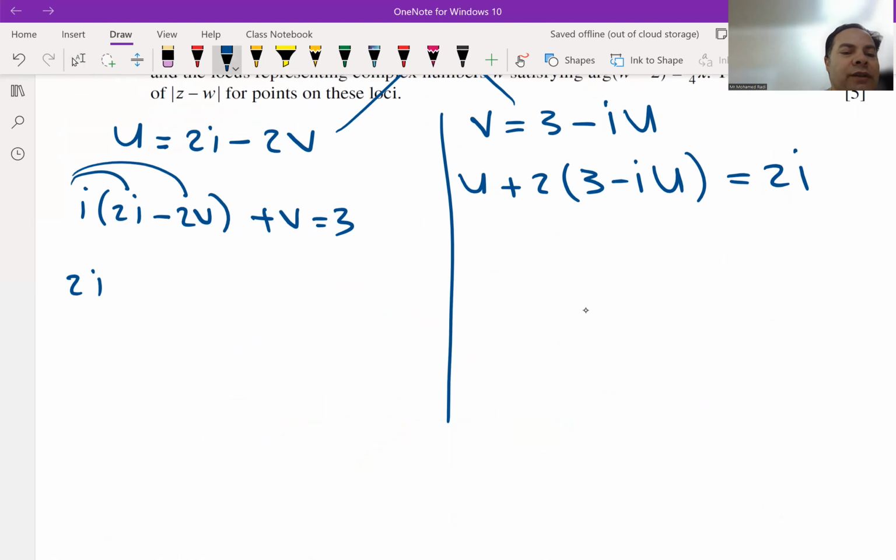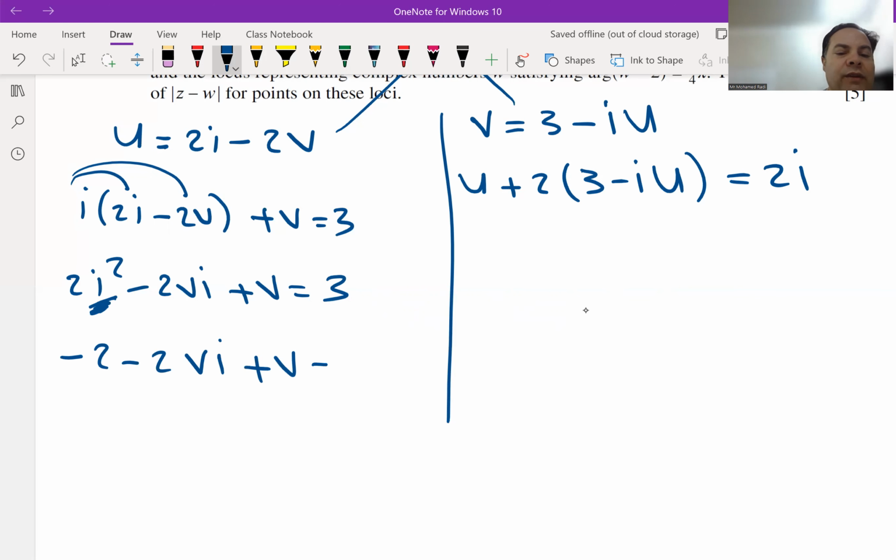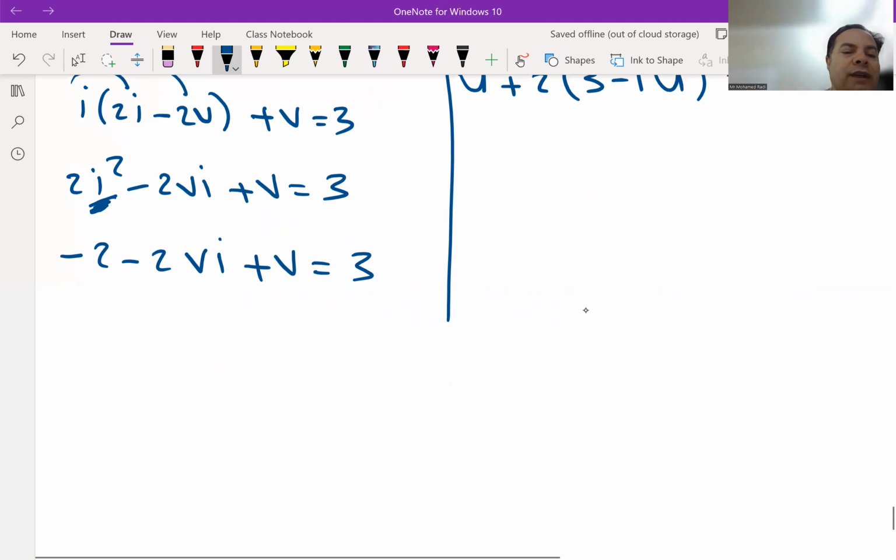2i squared minus 2vi plus v is equal to 3. i squared is equal to minus 1, so minus 2 minus 2vi plus v is equal to 3. Simplify and get v as the subject.